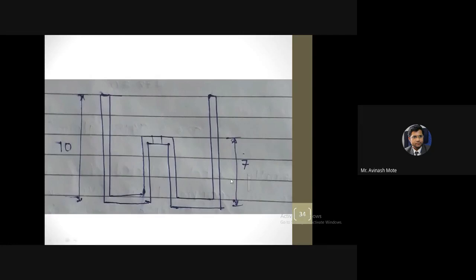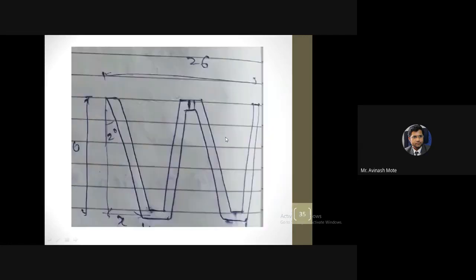From this bottom to top will give this totally vertical. Okay, so this section plus inclination at both the sides, finally we'll get this one. Are you getting? This middle rib is to support the screw. Rib is to support the screw.